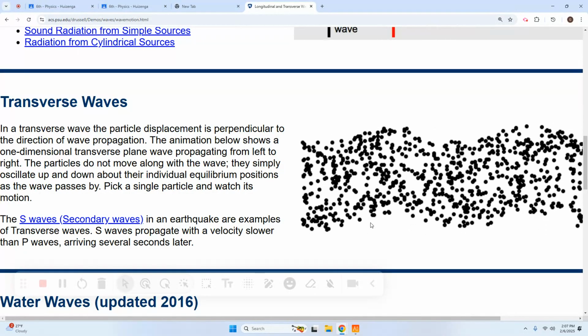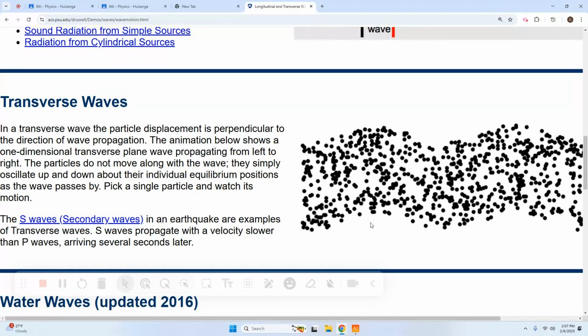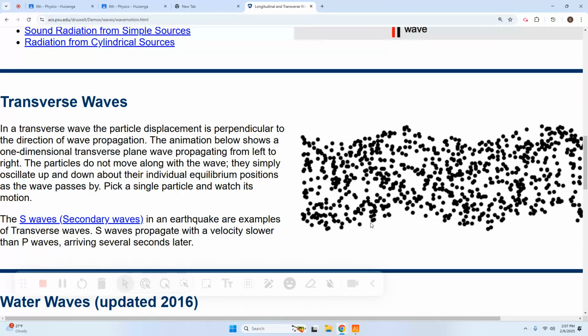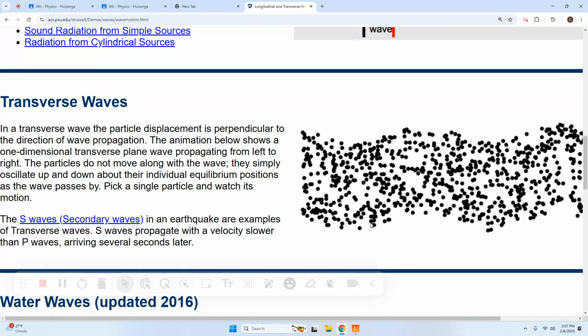Let that dampen for a second. And here's longitudinal. So longitudinal would look more like this. And so you can probably see from a side view that you can see the particles sort of oscillating. It's really hard to get a really good longitudinal wave up there, but that's how that would work.